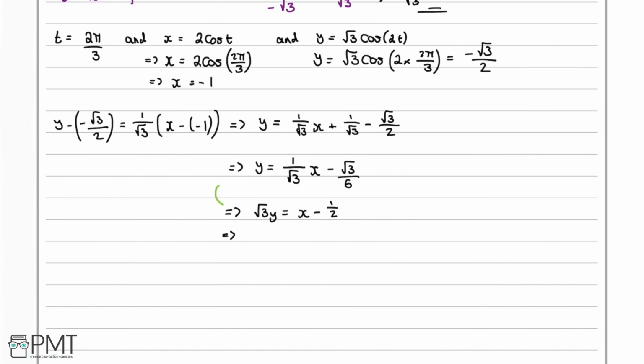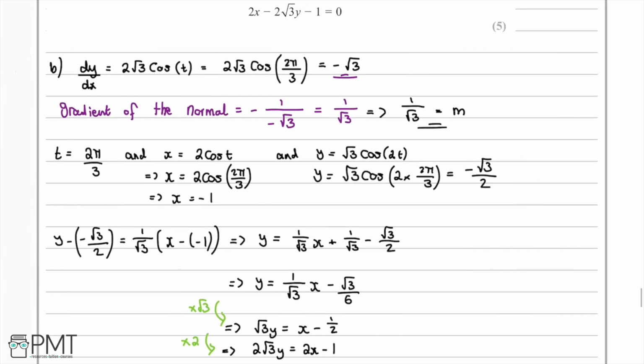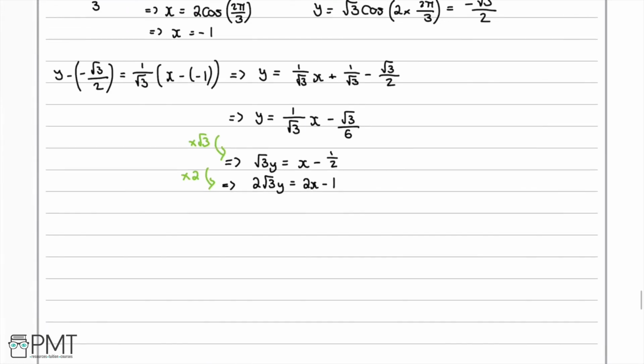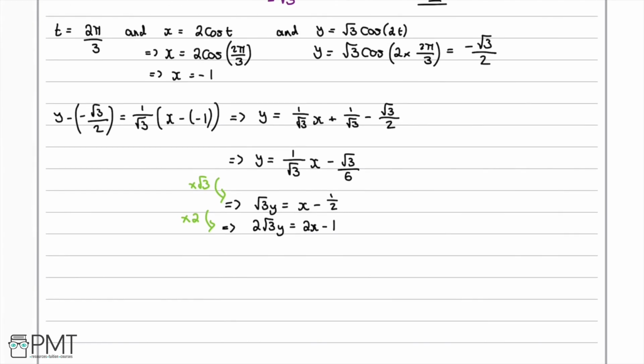So just to remind, at this stage here we're multiplying by root 3, and then at this stage here we're going to multiply it by 2. So that will then leave us with 2 root 3y is equal to 2x minus 1. So looking back to our question, this is starting to look very familiar. So we can just rearrange this ever so slightly, and we'll then have that 2x minus 2 root 3y minus 1 is equal to 0. And we've therefore completed the question and found the equation of the line L in the required form.